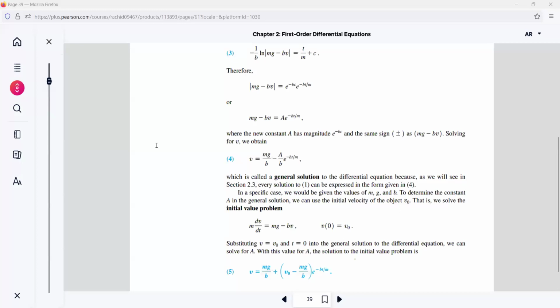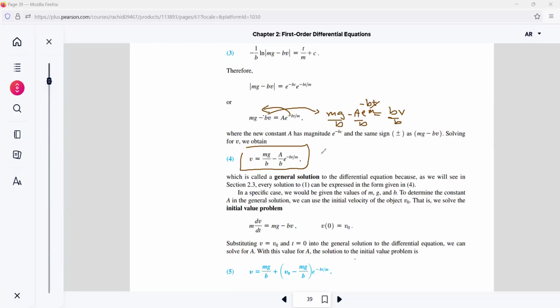Okay. Once you do that, getting v, of course, is not a problem. It's just algebra, where you can bring this here to this side and bring this here. And that gives you this one after you divide, of course, by b.